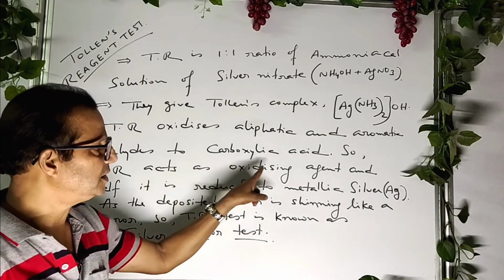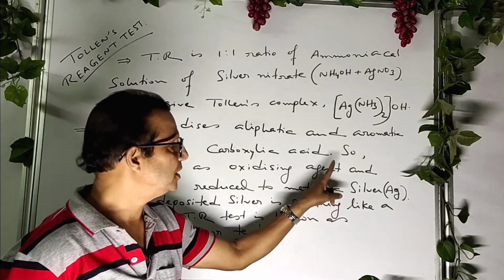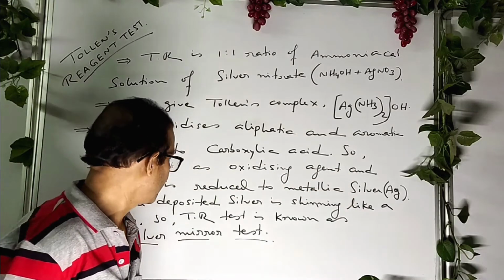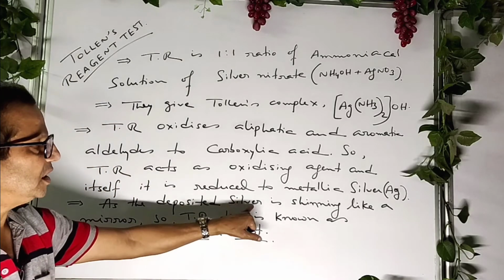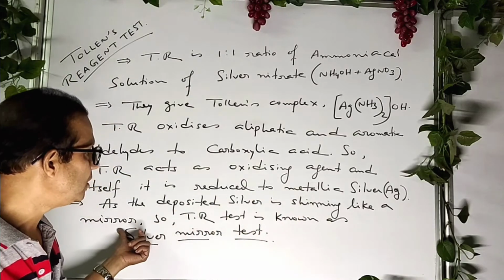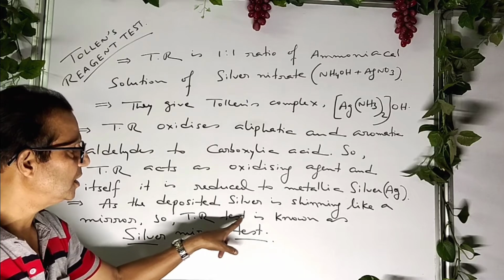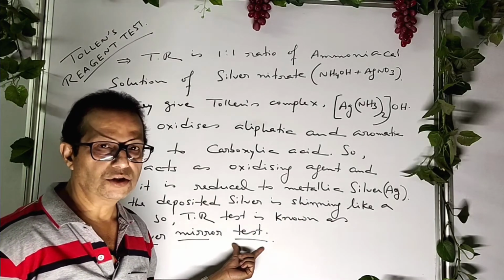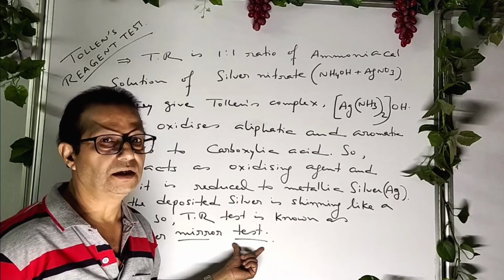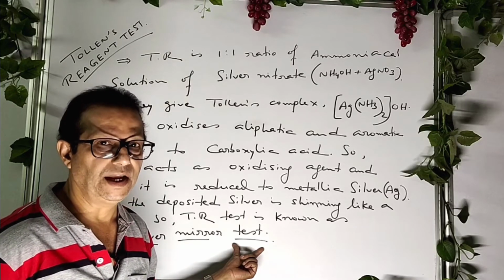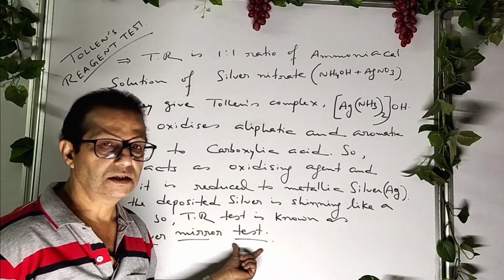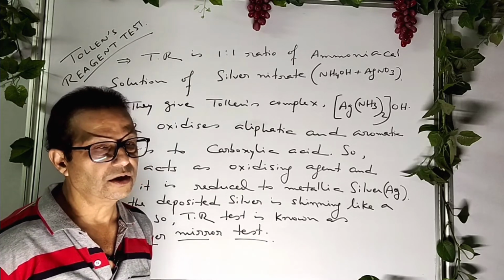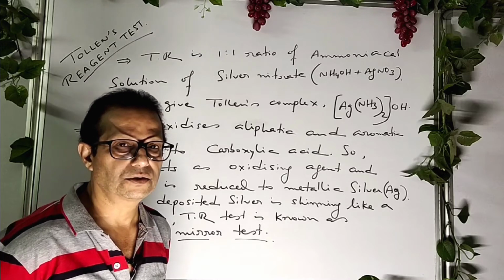Thus, Tollens reagent acts as oxidizing agent and itself it is reduced to metallic silver. As the deposited silver is shining like a mirror, so Tollens test is known as silver mirror test. Ketones do not give this Tollens reagent test as it is a weak oxidizing agent and it cannot oxidize ketones.